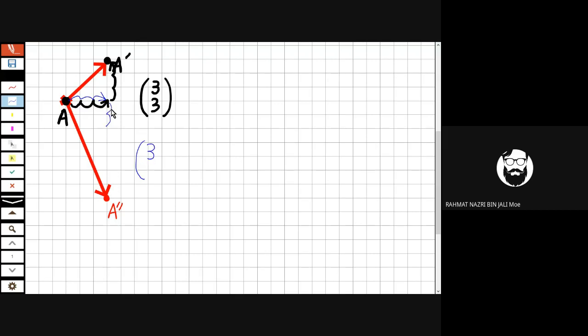Okay, and then this object A move to the downward 1, 2, 3, 4, 5, 6, 7. So dia turun ke bawah jadi negative 7.